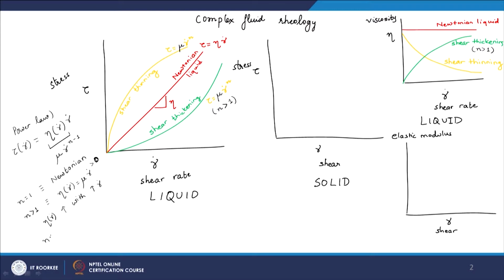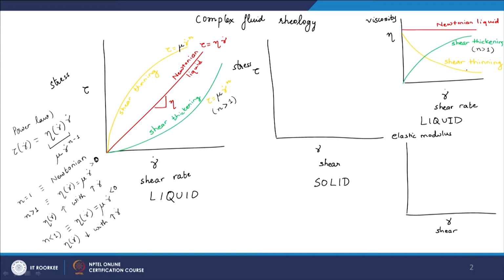Similarly, when n is less than 1, then we will have eta gamma dot equal to mu gamma dot to a power that is less than 0, and this will of course decrease with increasing gamma dot.